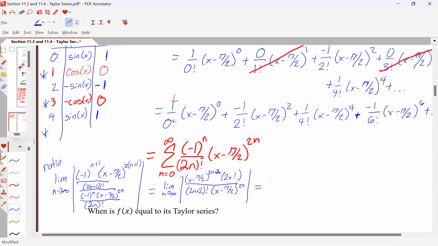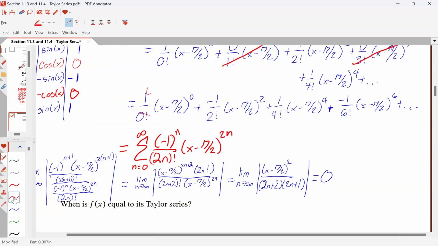This simplifies down using the rules of factorials and the rules of exponents into x minus pi over 2 squared over 2n plus 2 times 2n plus 1. That numerator is fixed. X is representing just a number, any number at all. Whereas the denominator is growing to infinity, so this limit is 0.